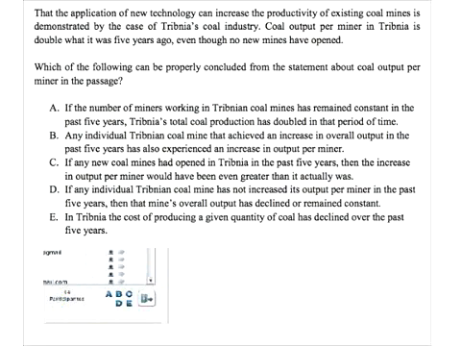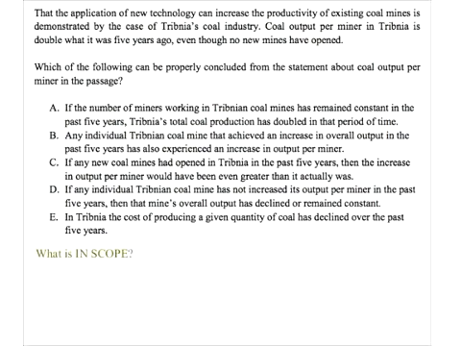What is in scope, what is not? Remember, the questions to ask yourself about this problem type are: what is in scope and what can be proved beyond a reasonable doubt? So let's look at the scope.